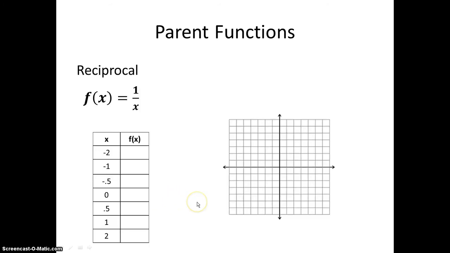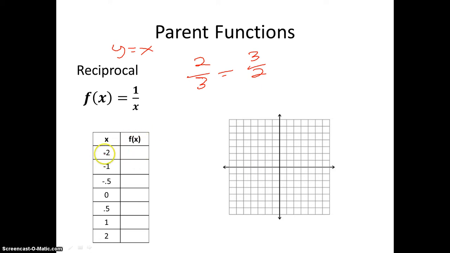Now the reciprocal function. The reciprocal function is exactly what it sounds like. If we have a fraction 2/3, we know its reciprocal is 3 over 2. Just like y equals x, the reciprocal is f of x equals 1 over x. Let's look at what this function does.